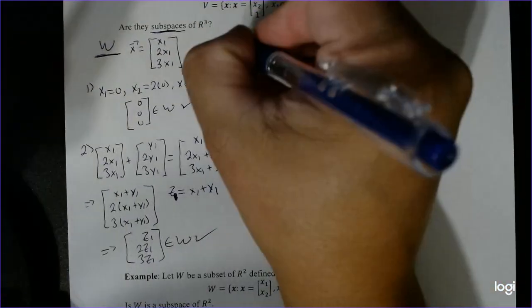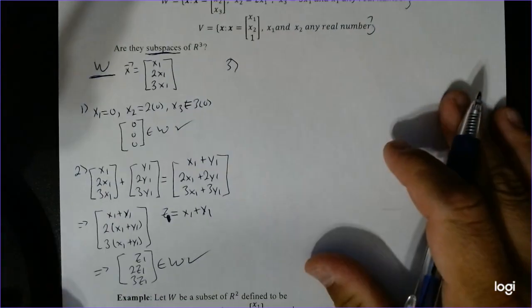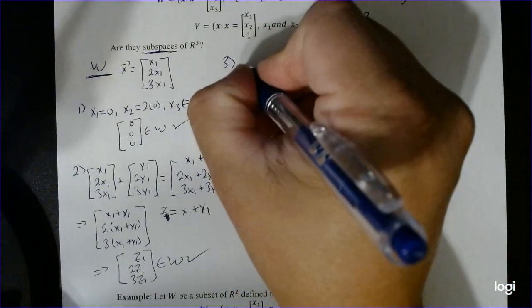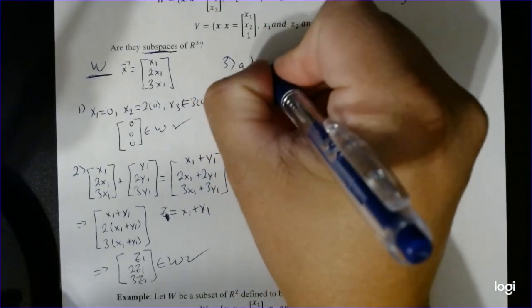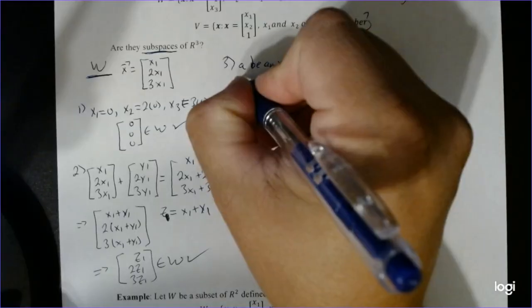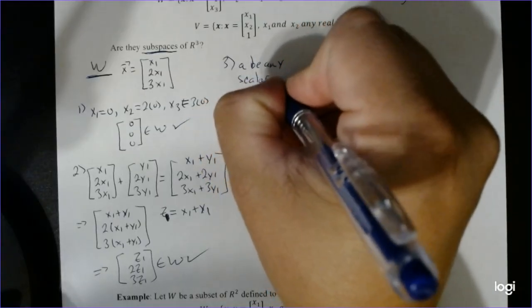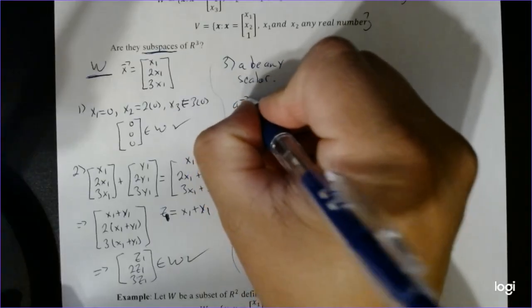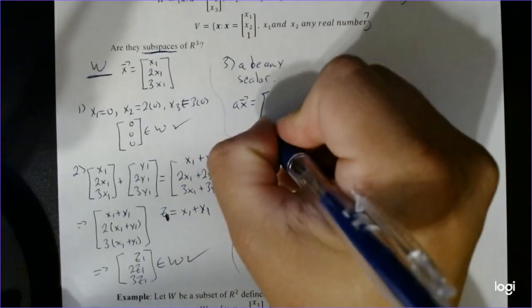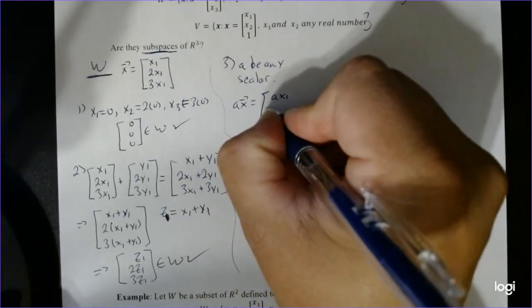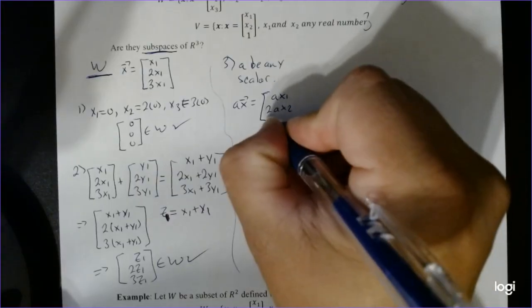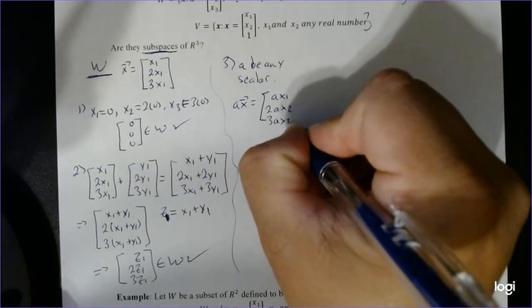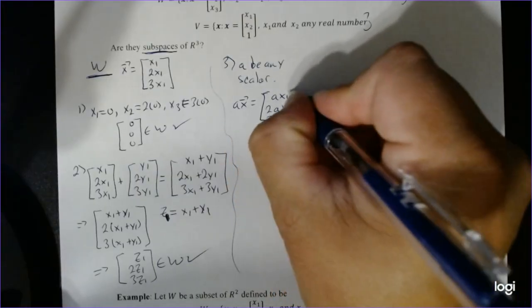And then the last thing, number 3, scalar multiplication. So again, let A be any scalar. So A times x would equal that.